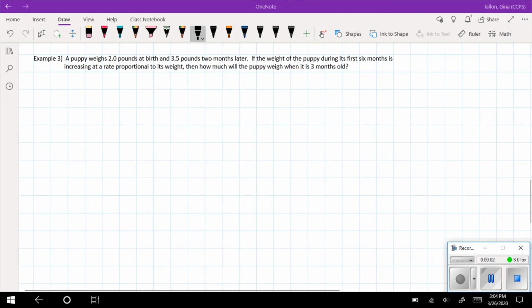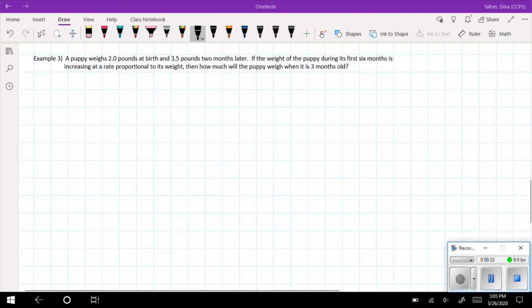Example 3. A puppy weighs 2.0 pounds at birth and 3.5 pounds 2 months later. If the weight of the puppy during its first 6 months is increasing at a rate proportional to its weight, then how much will the puppy weigh when it is 3 months old?